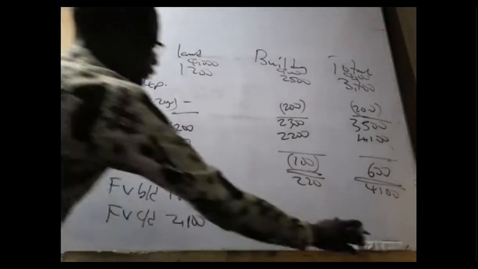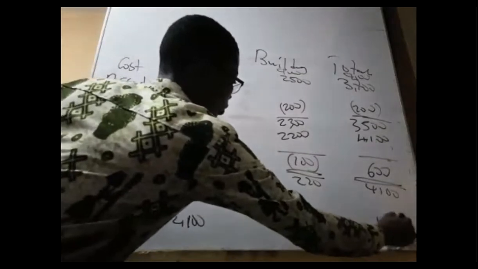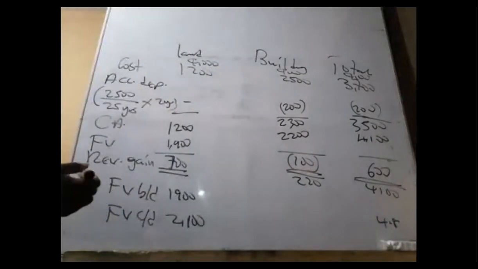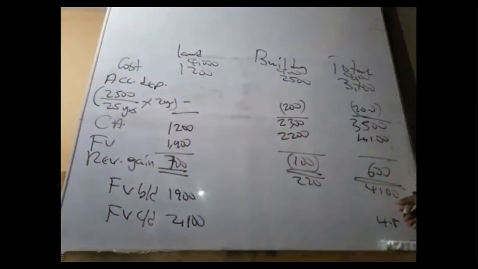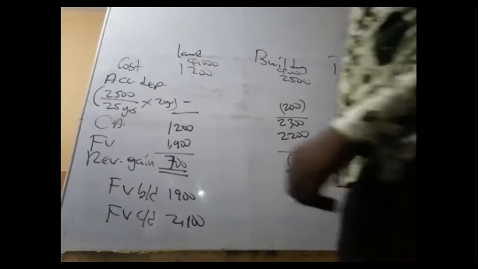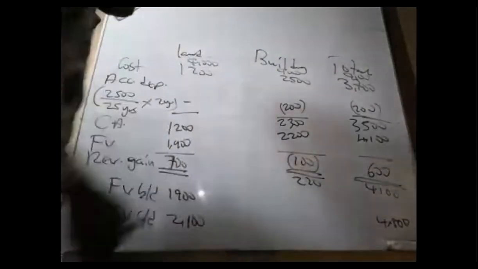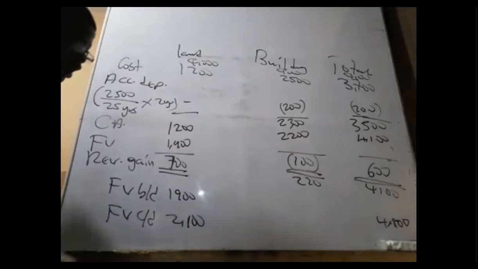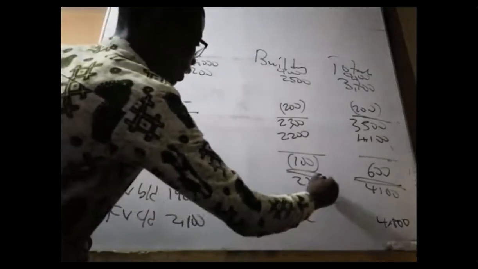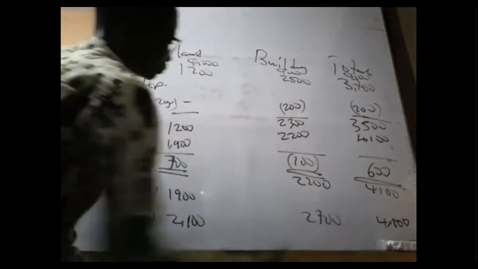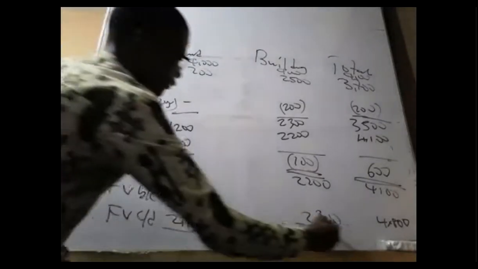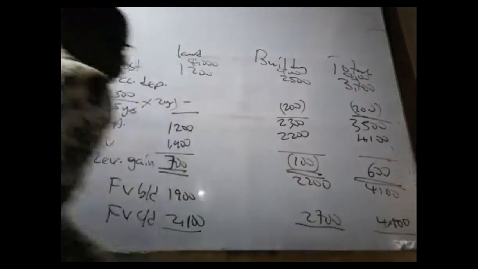If the entire one is 4.8, that's 4,800. What would be the building element? So that would be 2,700. Agreed. So 2,700. So what's the fair value gain on the investment property?